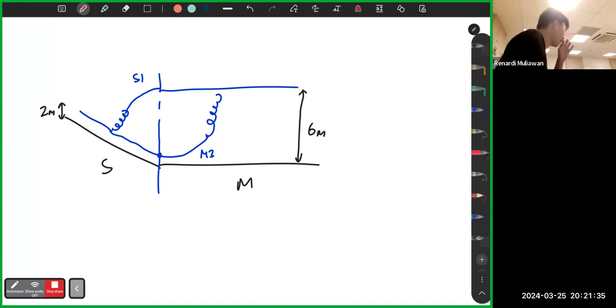First things first, we need to identify the conjugate depth. Let me label this y1, y2.